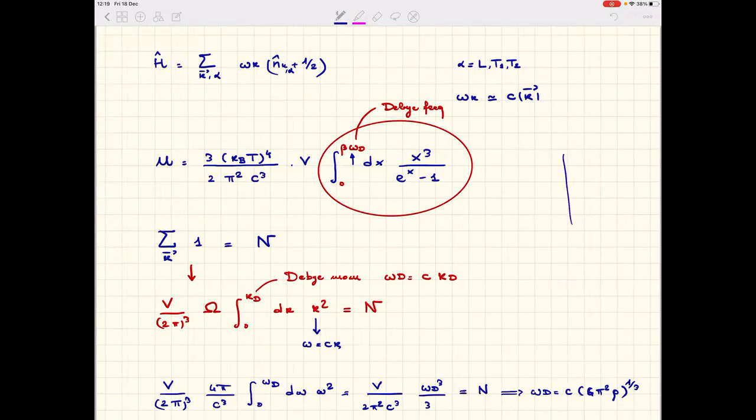It's not a function that does this, and that's it, because there is also some temperature dependence inherited from this cutoff and from this peculiarity of phonons as compared to photons, from the Debye frequency. There is a temperature dependence sitting in here.